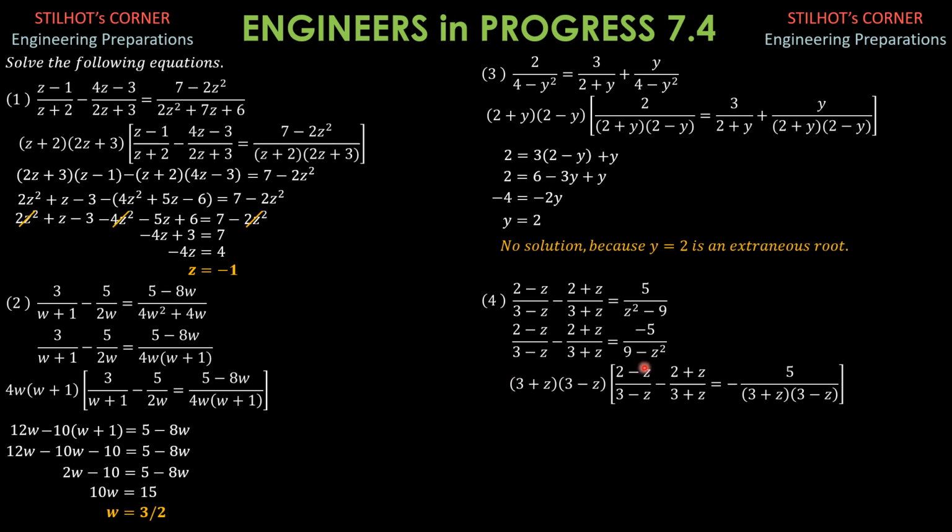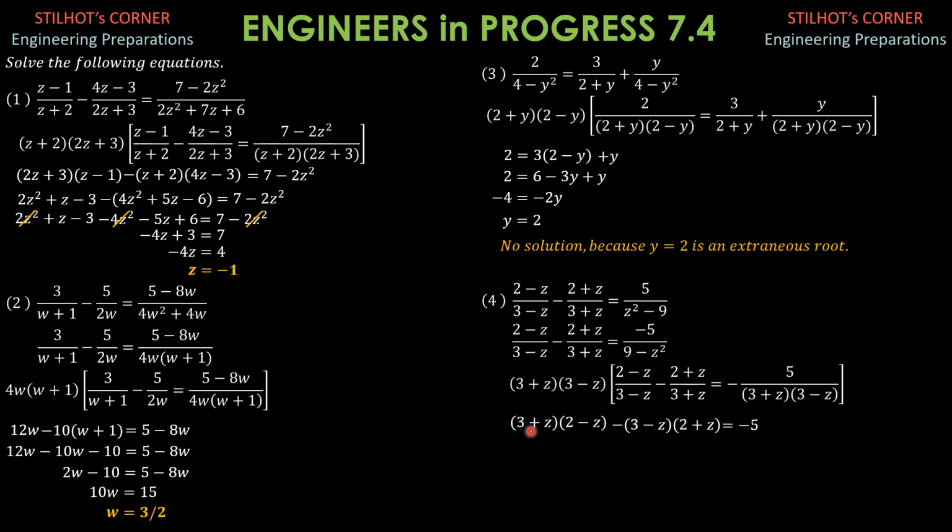Copy the original equation with the right side transformed. Then distribute. So we have 3 plus z, 2 minus z, then minus 3 minus z times 2 plus z, then equals negative 5.